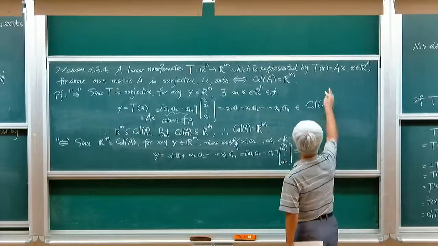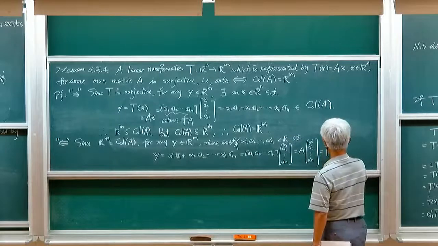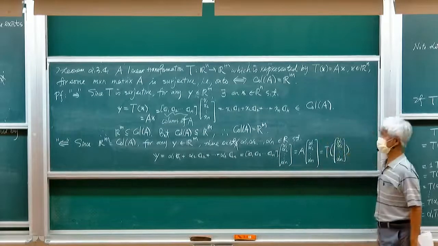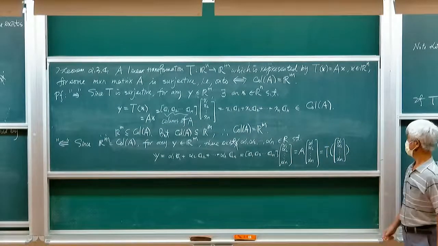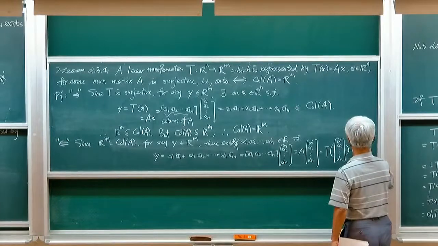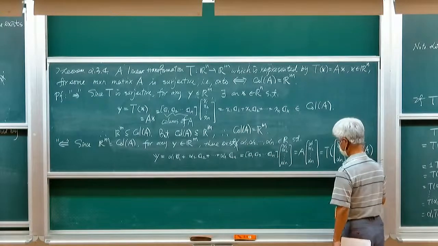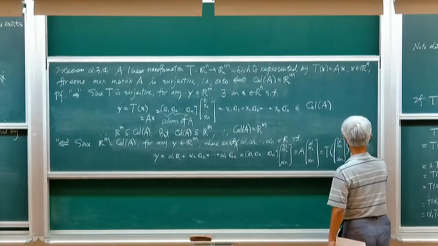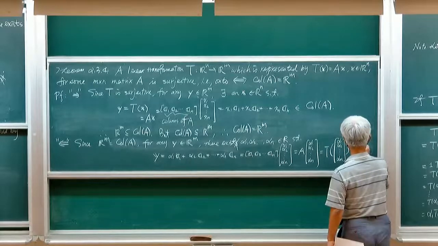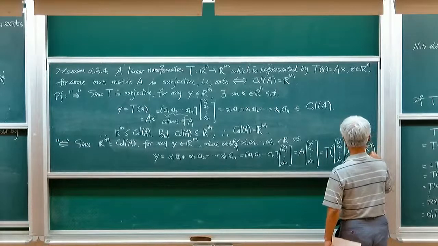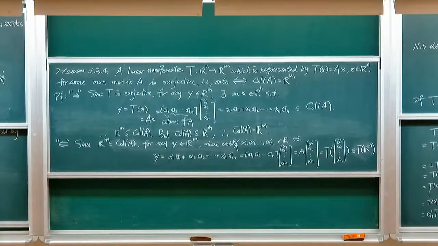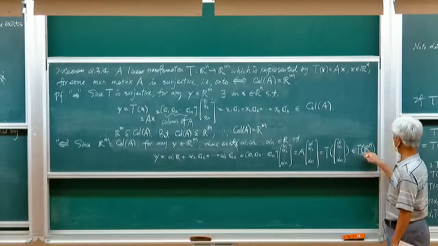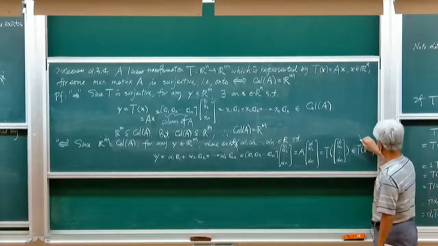And now, because of this representation, this is T of alpha 1, alpha 2, so that this is in the range of T. Okay? So it's in the range of T. T of R^n, because R^n is the domain, so T over R^n is the range. Okay? So this is the range.